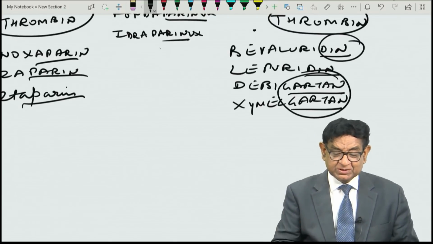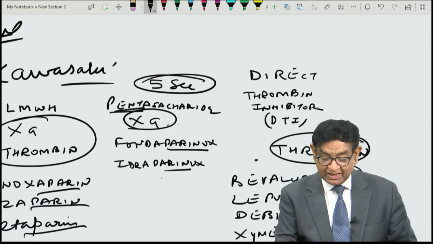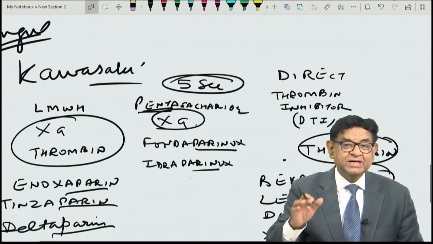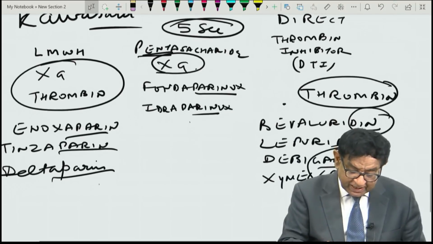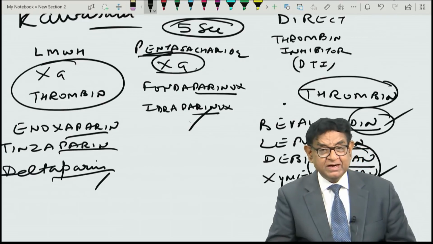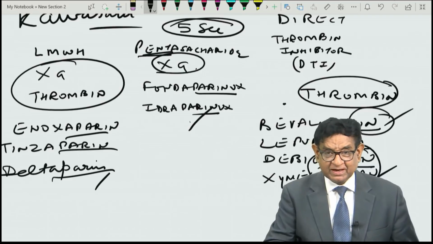We can sing a song. You also sing a song with me. They are thrombin, 10, both. Repeat behind me. Thrombin, 10, both. Parin, parinux, then gatran. Very easy. You will get one question in the coming exam.